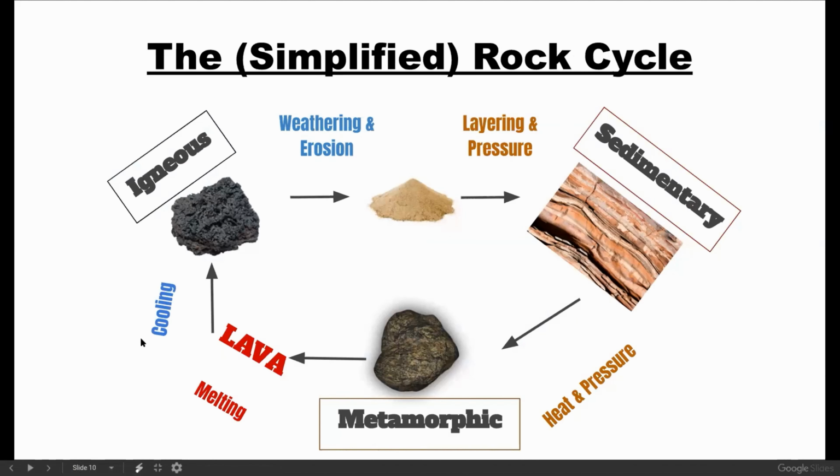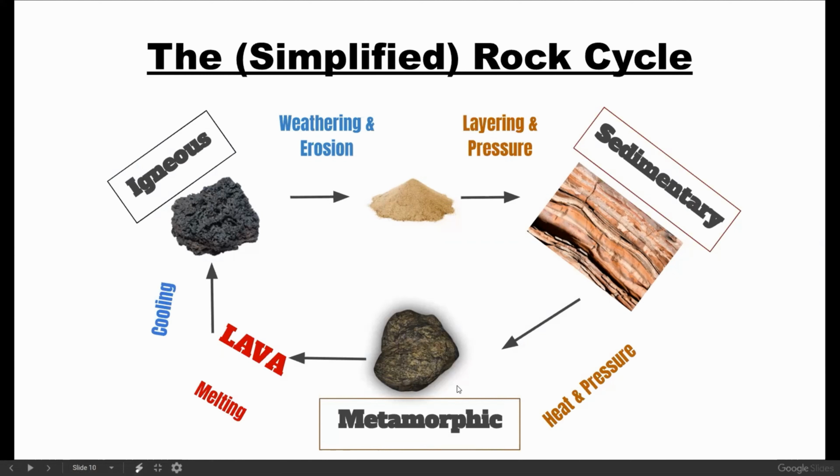Here's a simplified version of the rock cycle, so you can see kind of how everything goes. You're going to have weathering and erosion happen and break down rocks and things that are on the surface into these little particles. All of this sediment or these deposited little particles are going to have pressure, and they're going to layer together and form sedimentary rock.